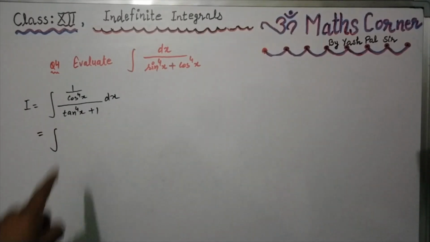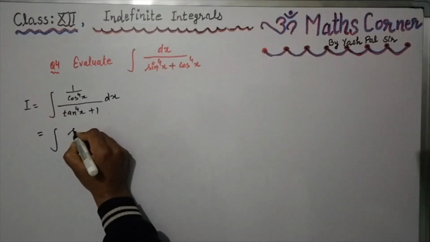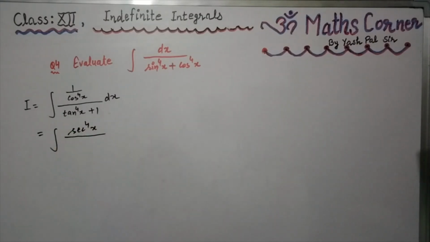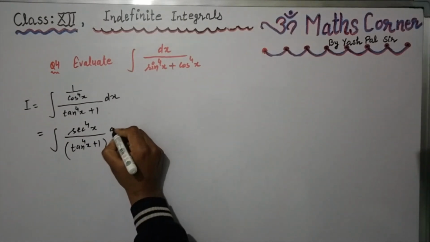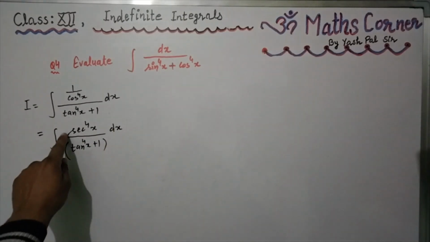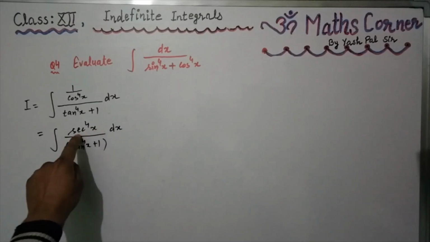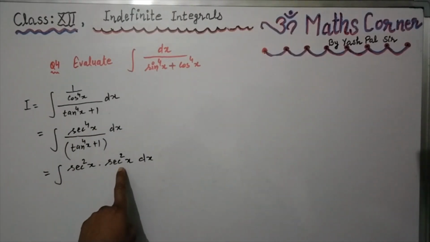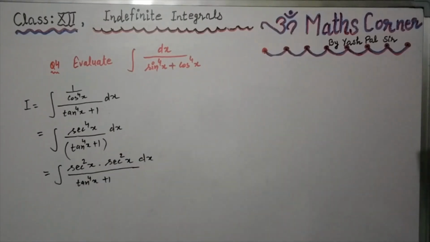It means the numerator becomes secant raised to power 4x, divided by the same, into dx. Now secant raised to power 4x, this we can divide into two parts: secant square x into secant square x, denominator as it is, like this.